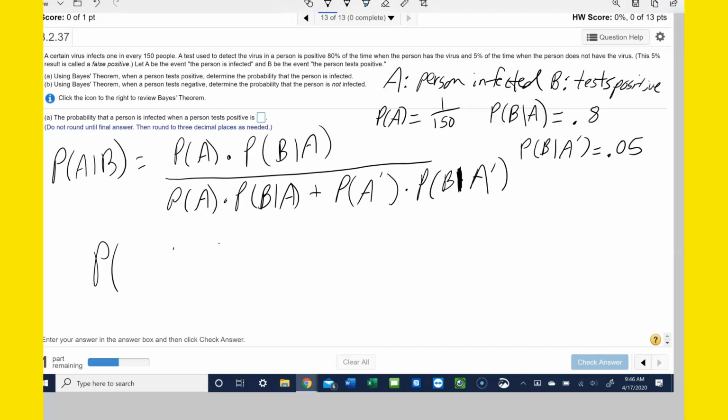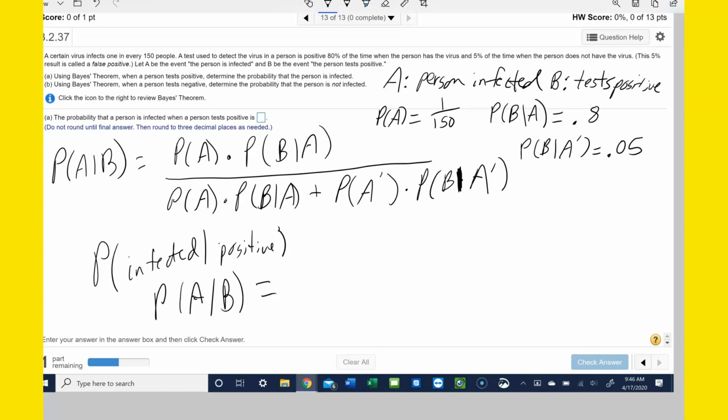It says when a person tests positive, determine the probability that they're infected. So we're looking for the probability of being infected given we test positive. So that's the probability then of A given B.